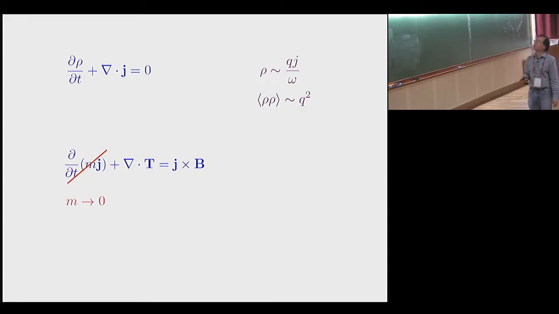This equation, instead of being a conservation equation, becomes a constraint equation, which relates the current with the divergence of the stress tensor.